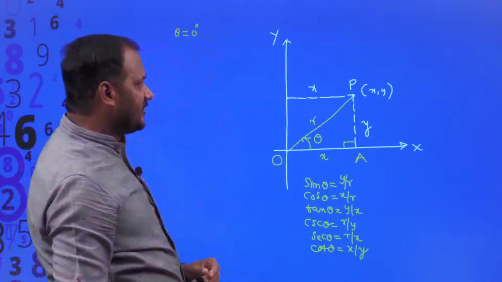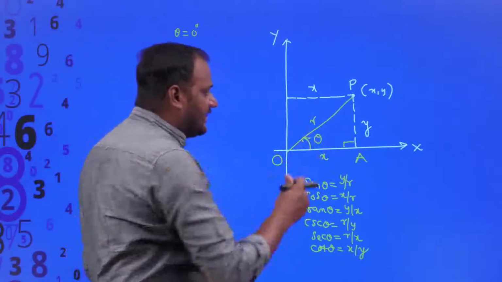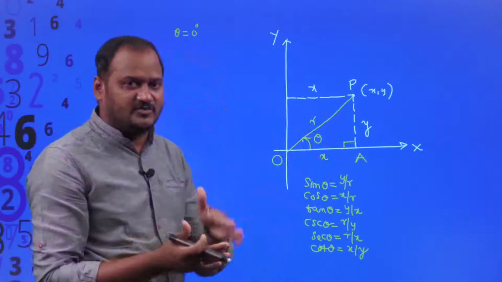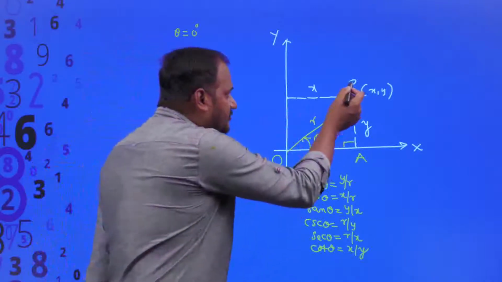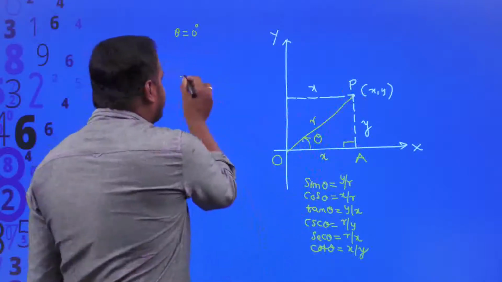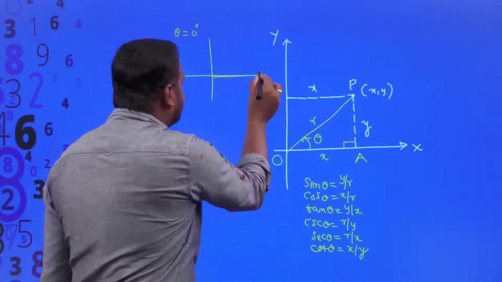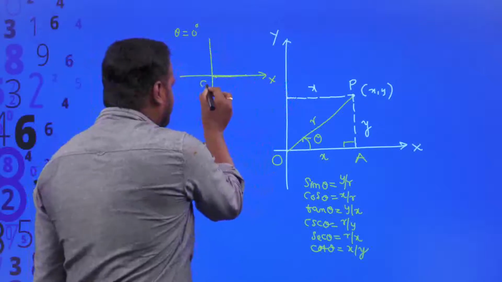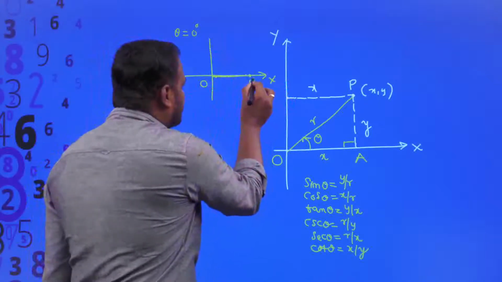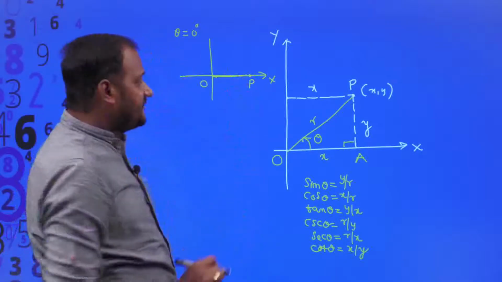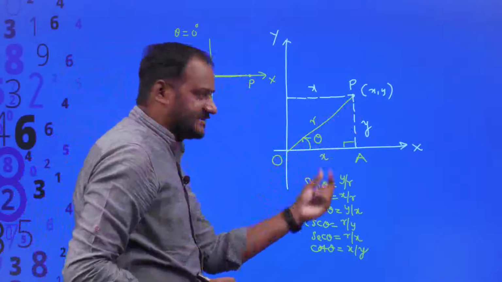Yes, that is one point. And moreover, this x-axis and OP coinciding with each other means one lies on the other. If one lies on the other, what about the position of the point P? See here, this is the x-axis and this is the origin. When the rotation has not started, this is the position of the point P. If this is the position of the point P, then OP is lying on the x-axis.